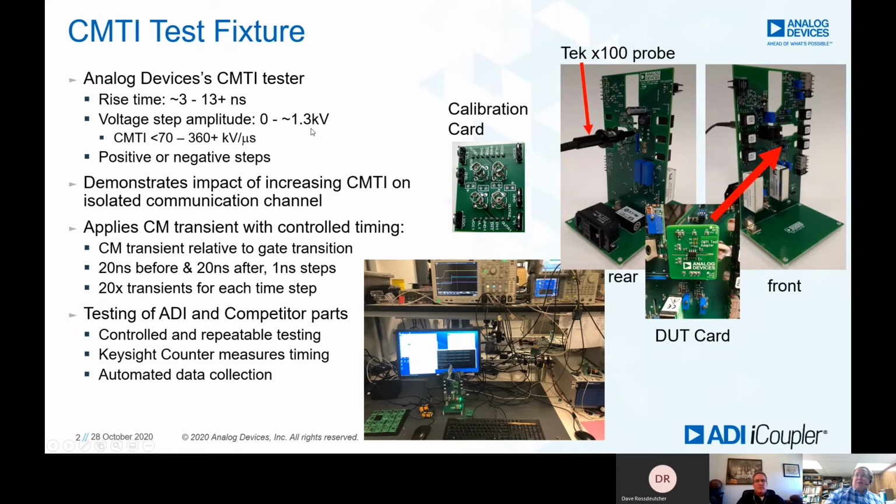We can do positive and negative steps, and we can control exactly when we apply that transient relative to the signal being sent through the gate drive. So we can see in a controlled manner what happens to the gate drive when you have a transient that happens at different times.